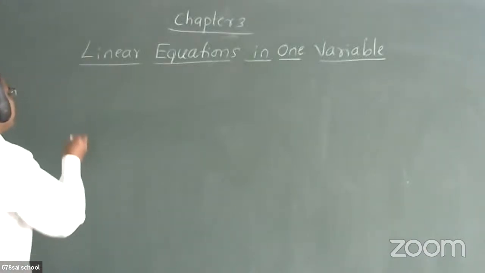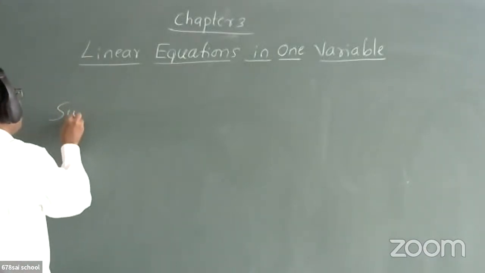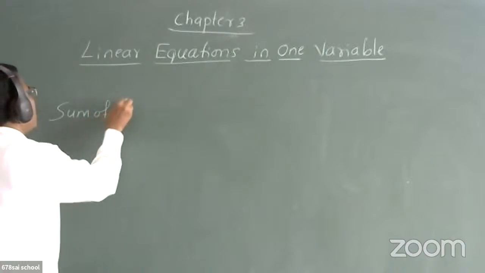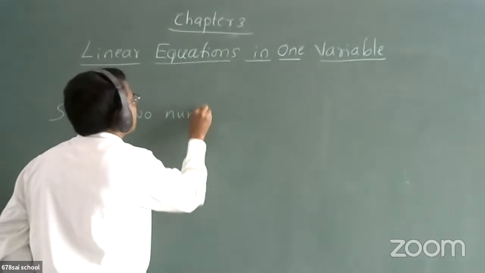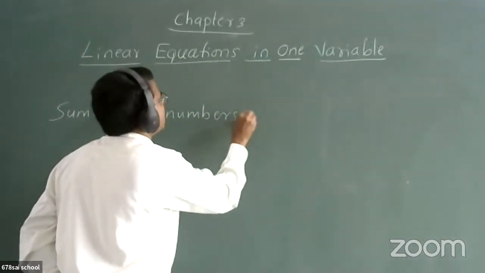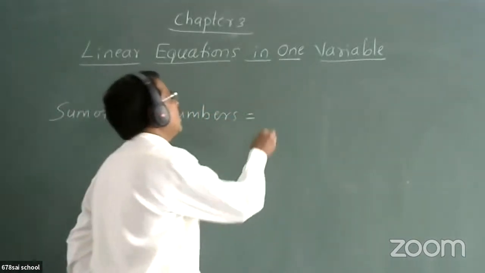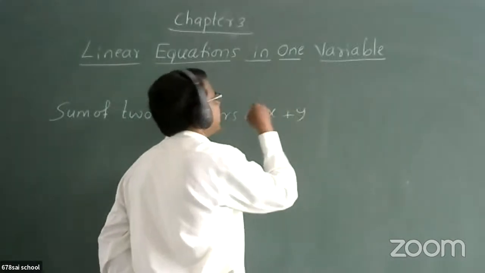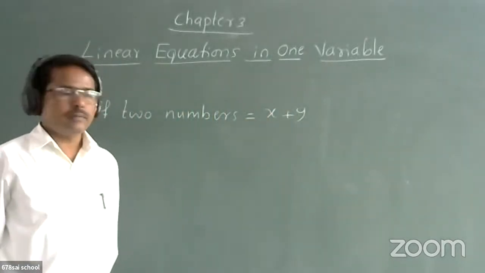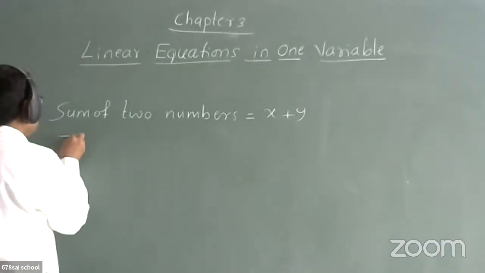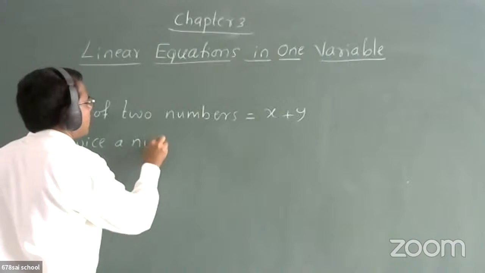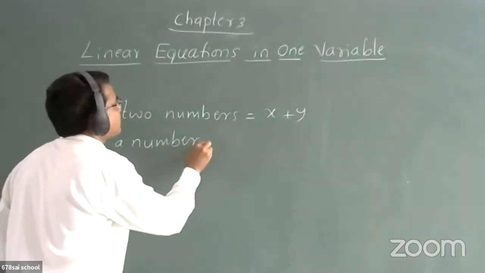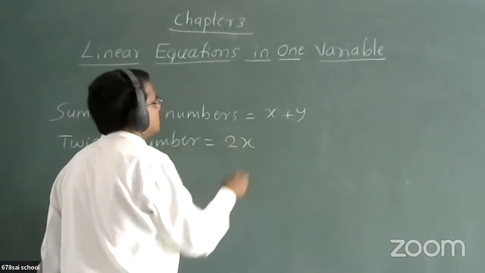If I say the sum of two numbers, I don't know which numbers, so one number I call x, another number I call y. I can write x plus y. Twice a number means 2 times a number.